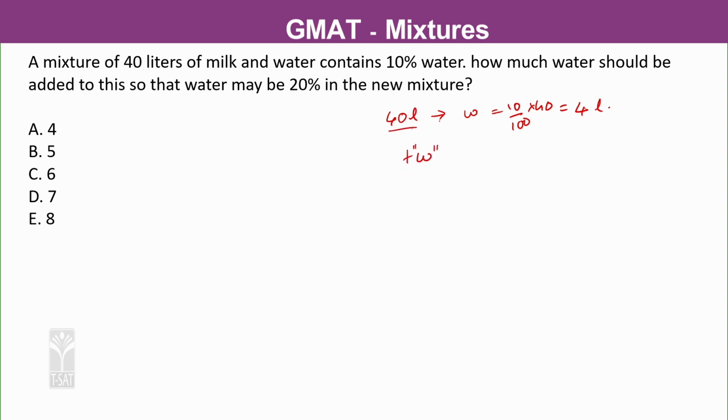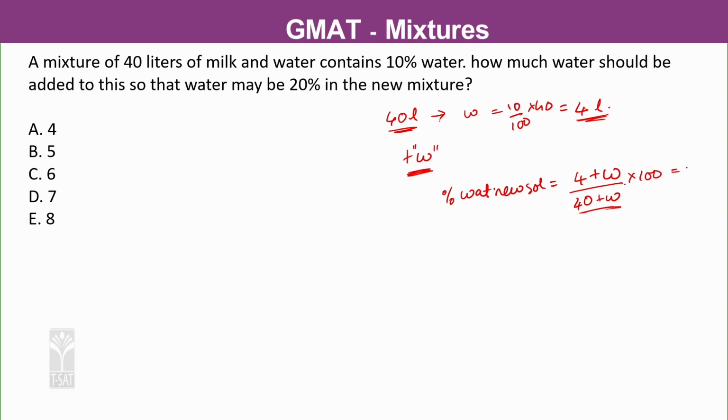So, this 40 liter solution plus water is W. So, you want it to be 20%. So, the percentage of water in the new solution will be the amount of water, that is, the original solution had 4 liters of water, 4 liters plus say W liters of water, divided by the entire solution, which will be now 40 plus W, because it also is increasing in volume by W, into 100.